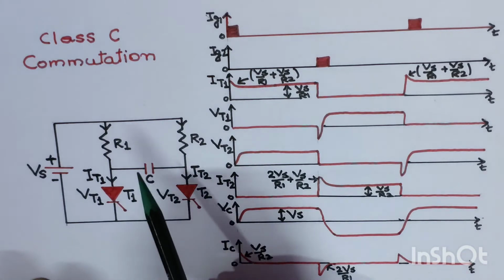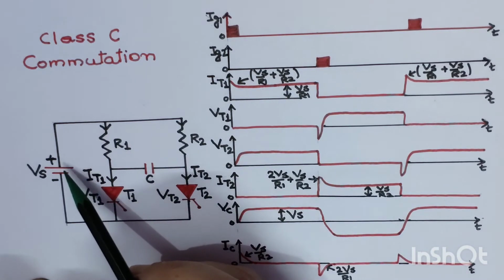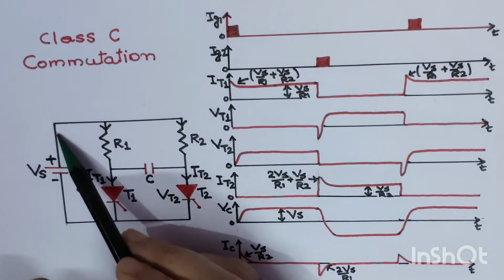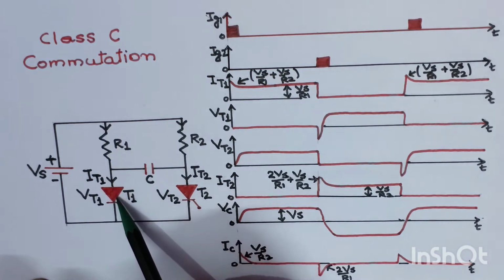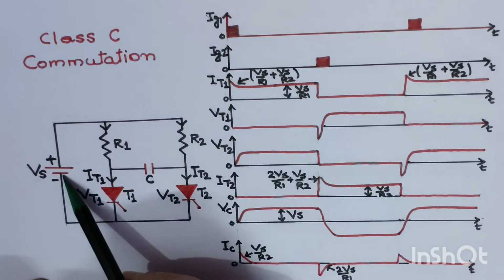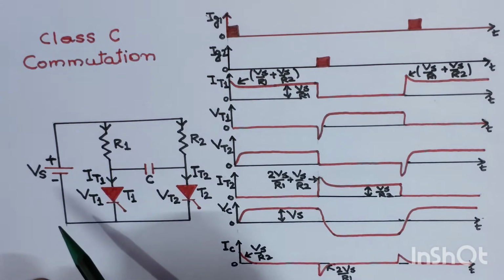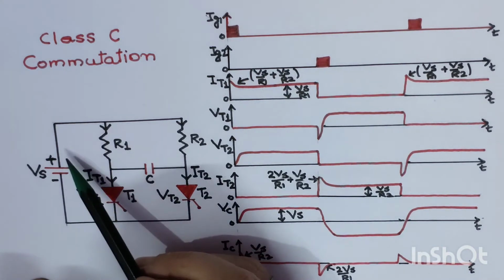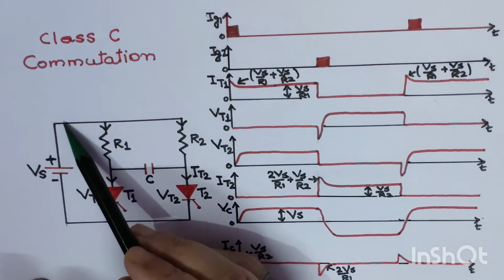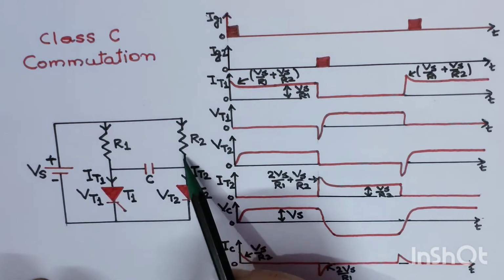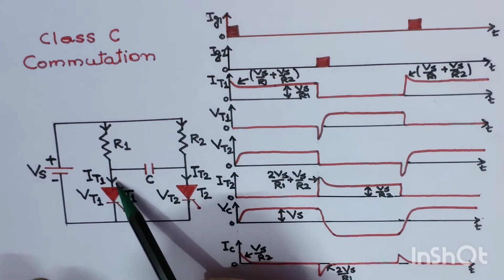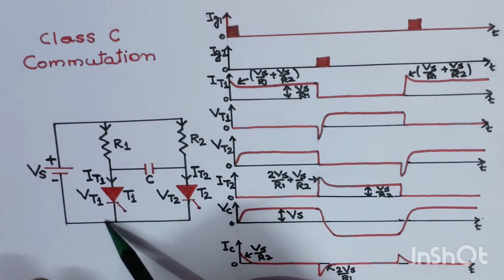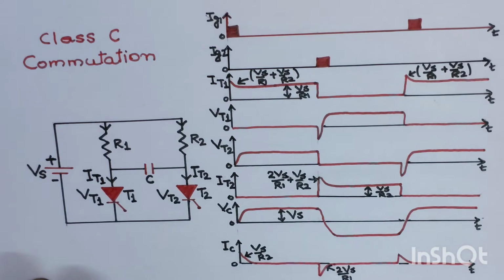Once again, let us see what the two loops are. The first loop is from the supply voltage Vs through resistance R1 and thyristor T1 back to the negative. The second loop is from the supply voltage Vs through resistance R2 and capacitor C, and after the capacitor through thyristor T1 and back to the negative.